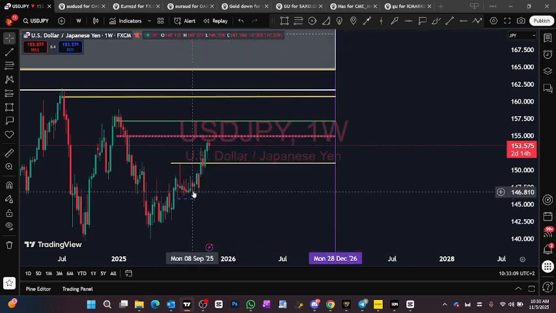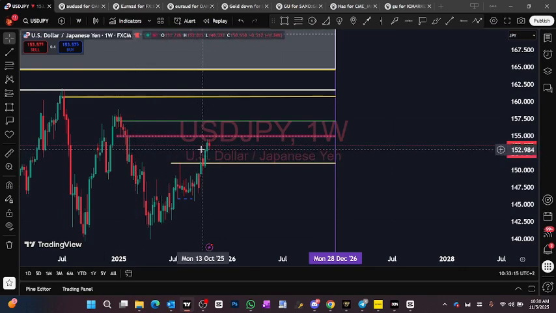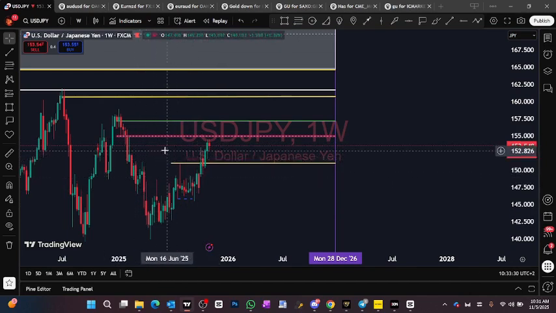There's liquidity that was taken out by this sweep here, and then it went up. And then here there was liquidity that was taken out. All this liquidity from here, it was taken out by this. So it might be when it was rushing up, it was rushing to take out all this liquidity.